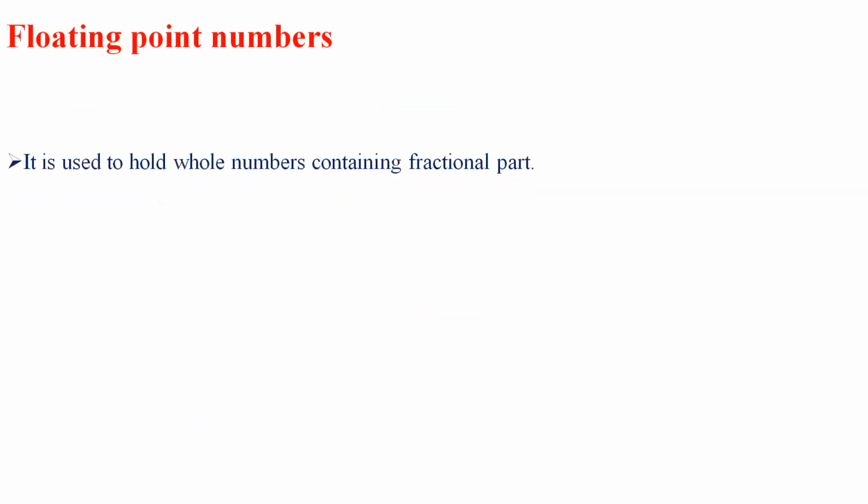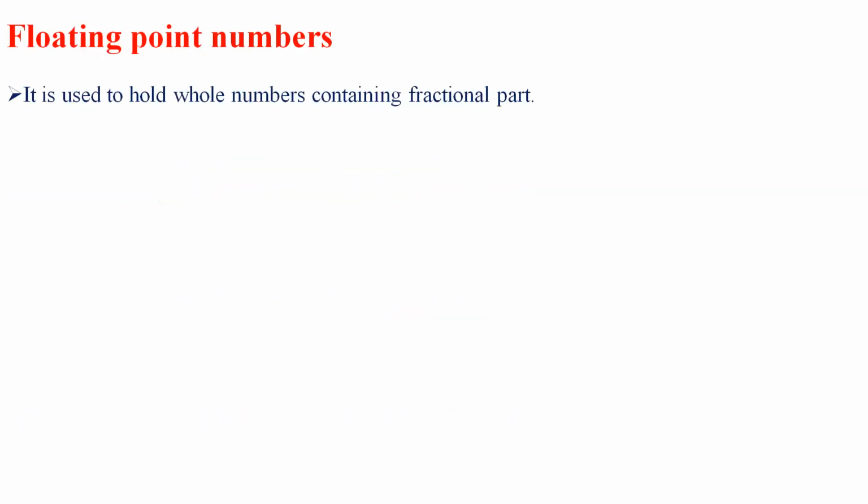So next we have floating point numbers. We know that floating point is nothing but fractional numbers. It is used to hold numbers containing fractional parts. We need to use this floating point type whenever we need a number with a decimal point.